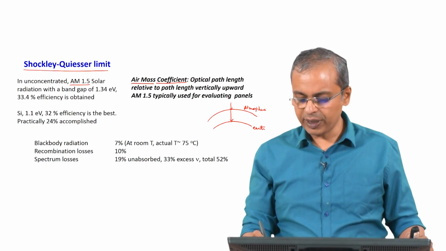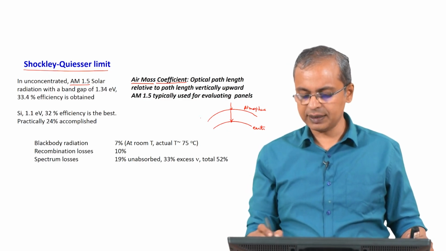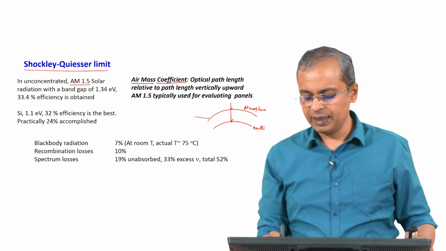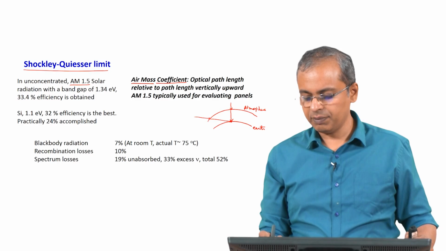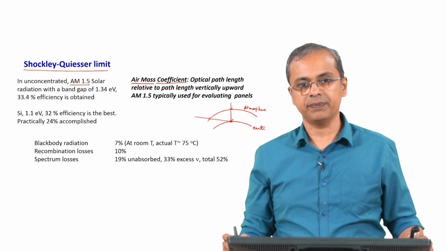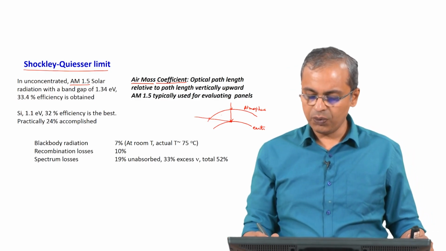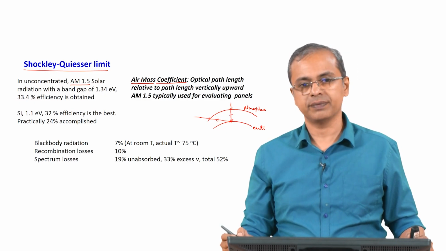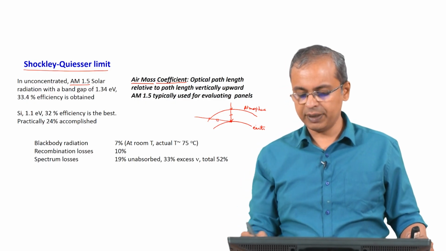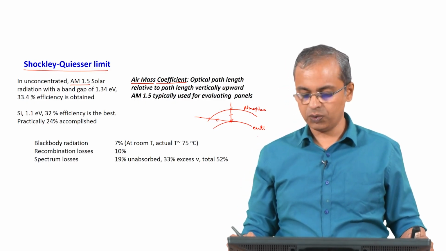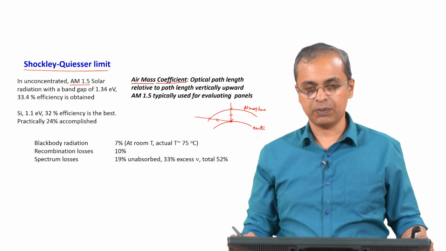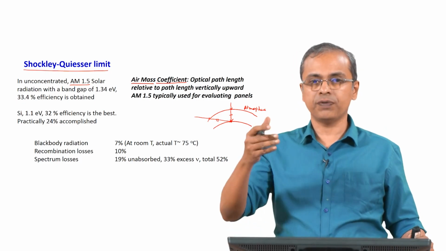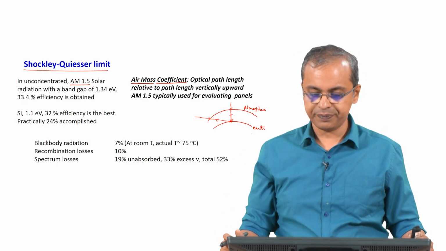In the same location, at some other point of time in the day, sunlight would come obliquely and travel this distance before it reaches the same location. Clearly, if you compare, this distance here is larger than this distance here, because it is coming at an angle. It has to travel a much longer distance through the atmosphere, and therefore sees much more of the atmosphere before it reaches that point.